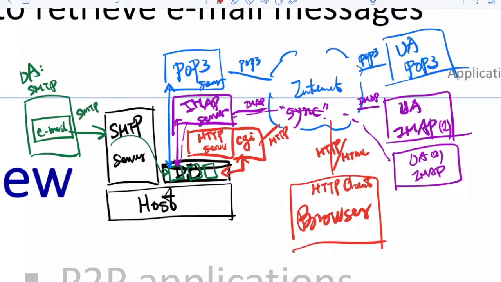You simply use HTTP to download the HTML files built by the CGI program. That is the current structure of the mail server.